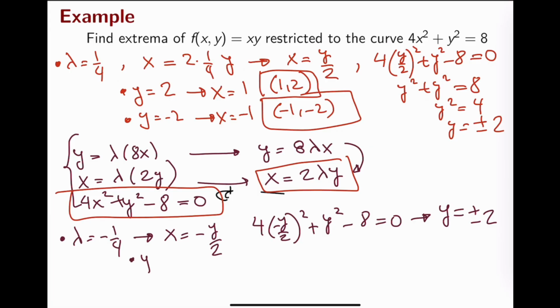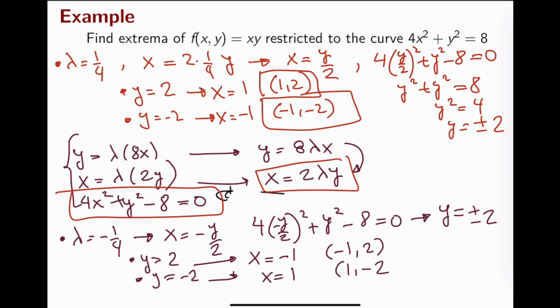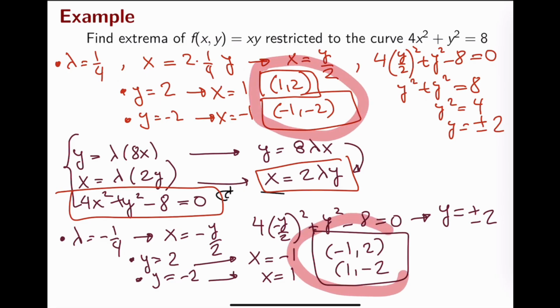When y is equal to 2, we get that x is equal to minus 1, and we get the next of the points, that will be (-1, 2). And then when y is equal to minus 2, we get that x is equal to 1, and we get then the fourth point. So we have now these two other points to add to our list. This completes the list of the candidates. Now the list of the candidates is going to be these 2 points and these 2 points.